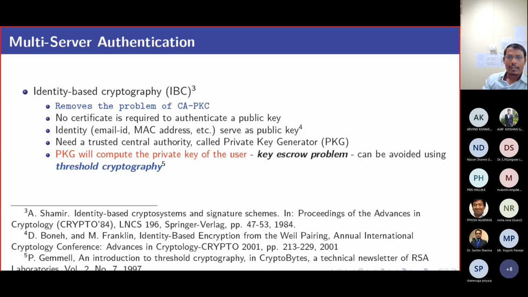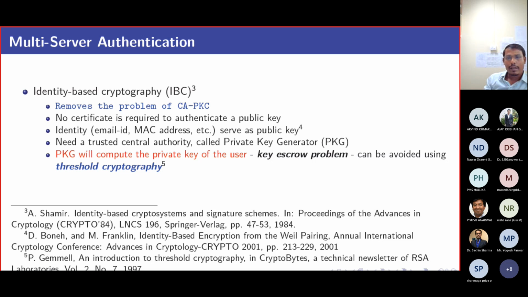That means you are breaking the secret key of a single PKG into multiple parts. Suppose the secret key of the PKG is broken into 10 parts, and you share these 10 parts with 10 different PKGs. So now we are making a system that is based on threshold key cryptography.